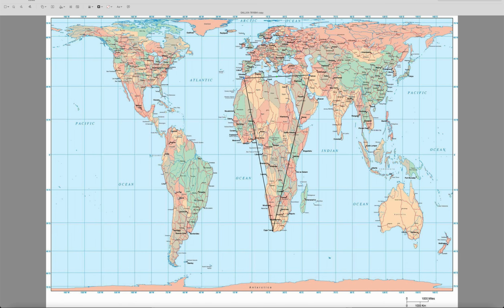Regardless of what they want to do, regardless of how they want to maneuver the land masses and the continents around, at the end of the day, the map is two-dimensional, and we can use that two-dimensional map and get correct distances and directions along a landmass. You can create a triangle right here, and you can fly that triangle. There is no way around it.